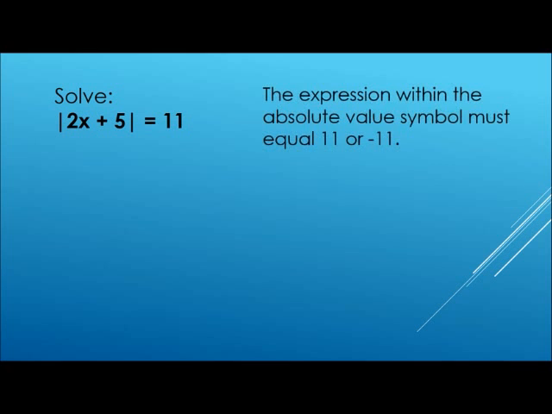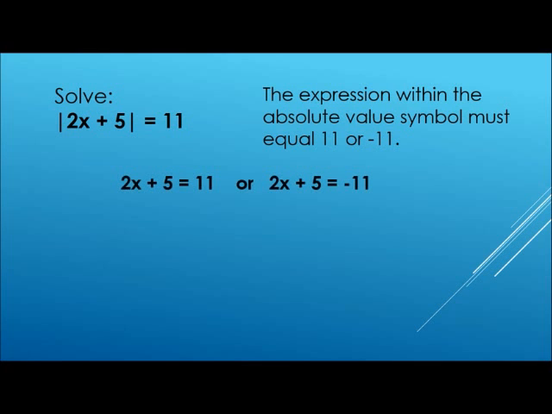Well, now that we have a good understanding of absolute value, let's go ahead and try and solve this. The absolute value of 2x plus 5 equals 11. Well, we know that whatever's inside the absolute value symbols has to be equal to 11 or negative 11. Because remember that absolute value means how far away something is from 0 on the number line.